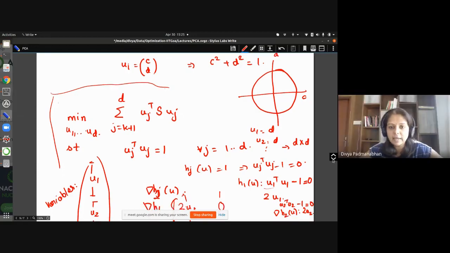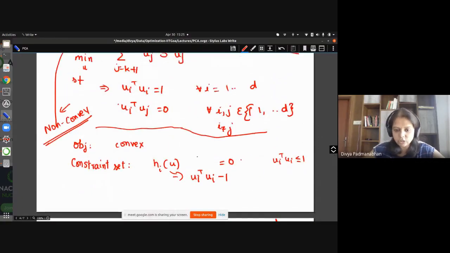Yeah. So what is happening here is this function h is a convex function. That is true. If you take the second derivative of this, you will get a matrix with 2's over there. So of course, these hi's are convex. Each of these functions on the right hand side is convex. But the issue is, if you have a convex function equal to 0, then the set of points which satisfies it, that set is non-convex.